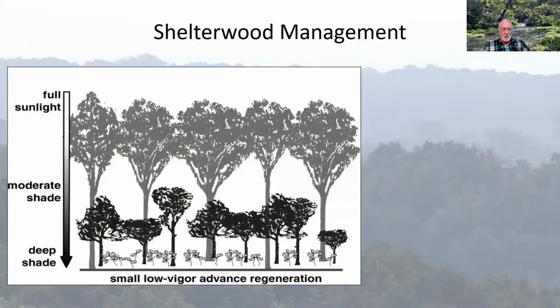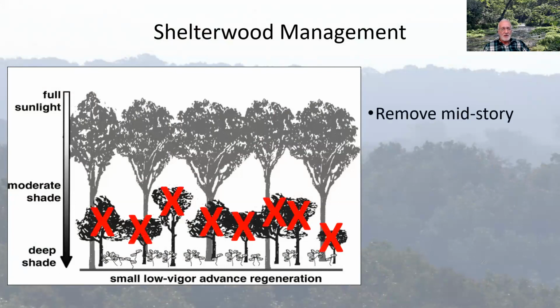So one form of management, and John will talk more about this, is shelterwood management, where one thing we can do is we can remove this midstory. Here, back east, that midstory is sugar maple, it's beech, things of that nature. Here it can be sugar maple in the river hills, it can be red maple in the Ozarks, but more frequently too, it's going to be things like dogwood and ironwood and some of these other species.